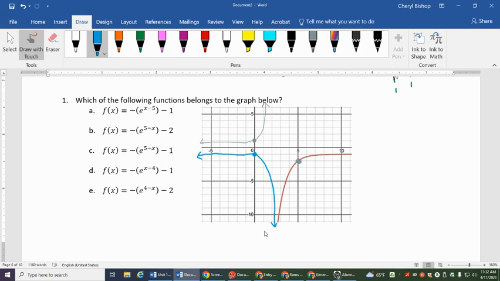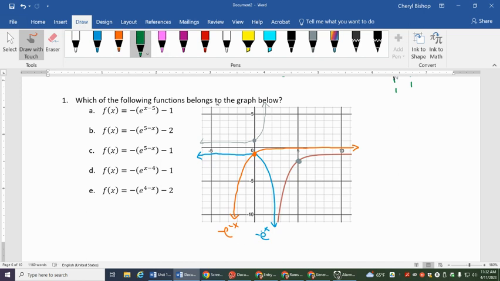To do that, that's going to be putting a negative out in front of the exponent. But then it also looks like it's going to the right, so it also has flipped over this way. So that's putting a negative on the x.